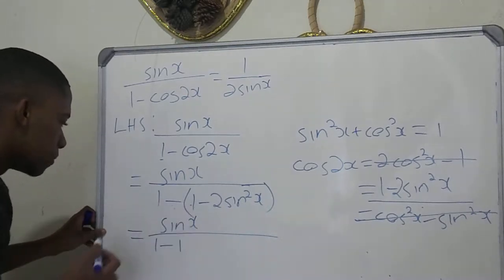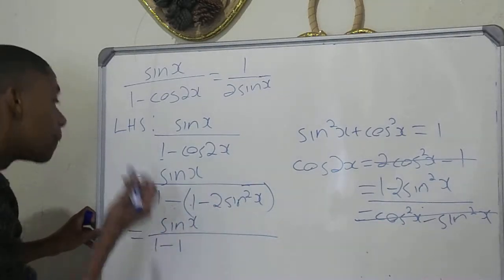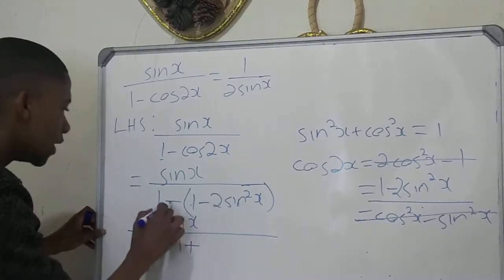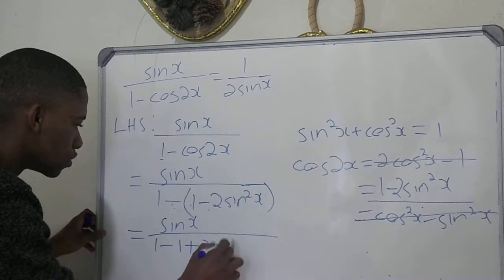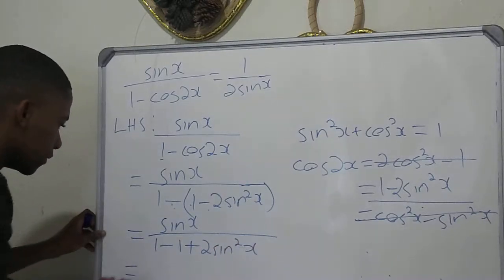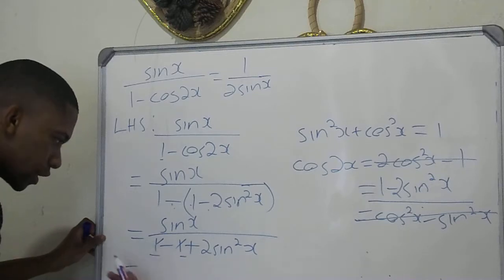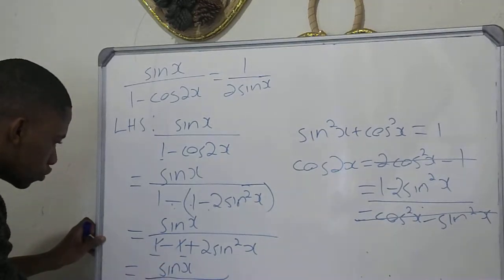So minus 1 multiplied by 1 is negative 1, and then minus 1 multiplied by minus 2 sine squared x is positive, because negative times negative is positive. So it's going to be positive 2 sine squared x. Great. So 1 minus 1 is 0. So these ones are gonna cancel out. So we're gonna be left with sine x over 2 sine squared x.